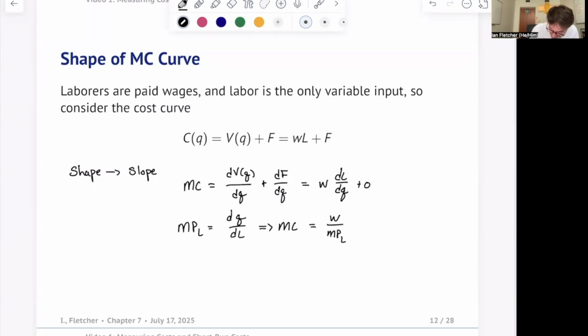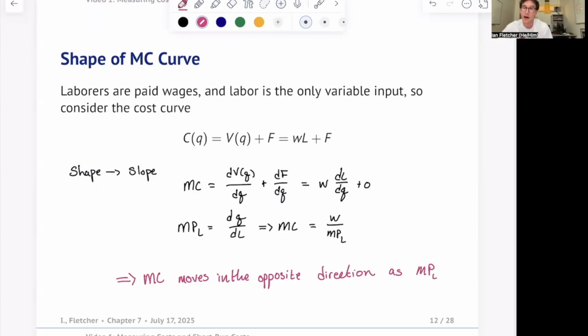So the big conclusion here is that the marginal cost curve moves in the opposite direction as the marginal product of labor curve. That's going to be the big key takeaway here.